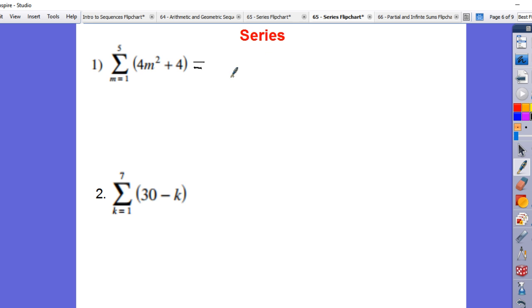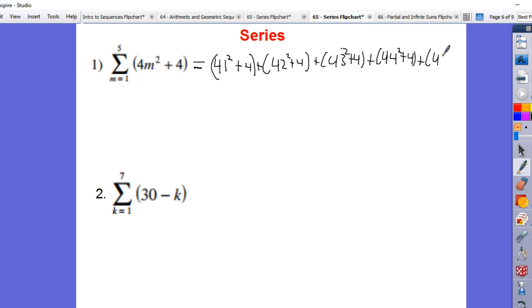Now, you can do 4m squared plus 4, so this would be 4 times 1 squared plus 4, plus 4 times 2 squared plus 4, plus 4 times 3 squared plus 4, plus 4 times 4 squared plus 4, plus 4 times 5 squared plus 4.